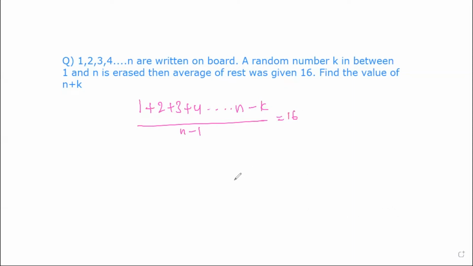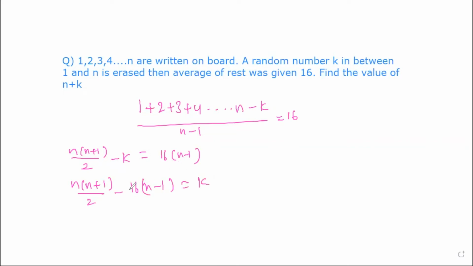So on solving this equation, we know the sum of the numbers from 1 to n is n(n+1)/2. So n(n+1)/2 minus k is equal to 16 times (n minus 1). So n(n+1)/2 minus 16(n minus 1) is equal to k.